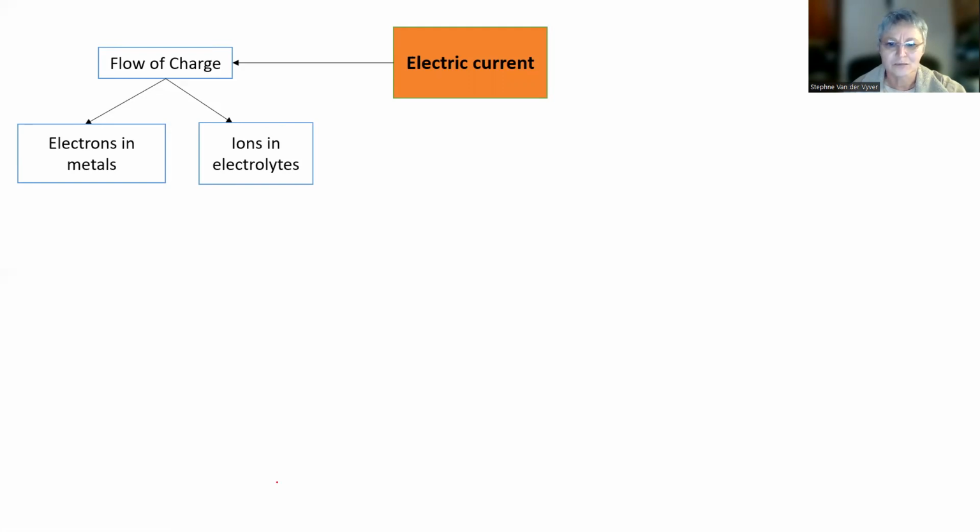In a solution, for example a table salt solution, you'll have sodium plus ions and chloride ions that are free to move when electrodes are placed in these solutions.